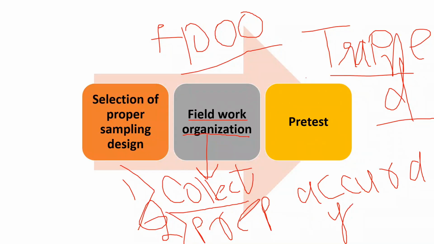And in these steps, there are many steps in it. I am explaining a few of them. The whole sample survey's success depends on the fieldwork organization. If any problem occurs, we need to coordinate with our coordinators.